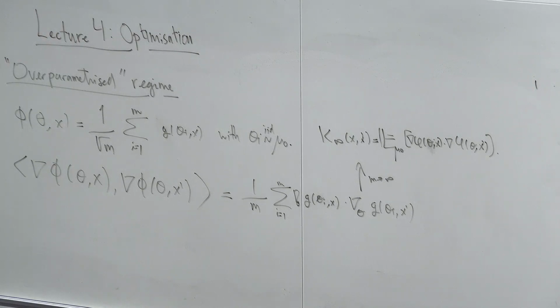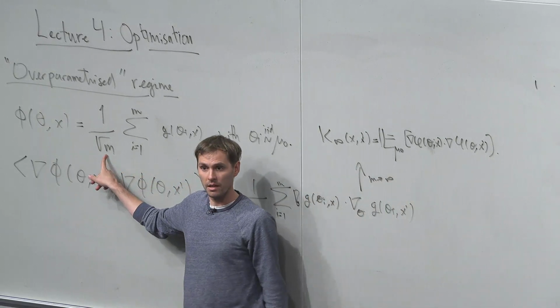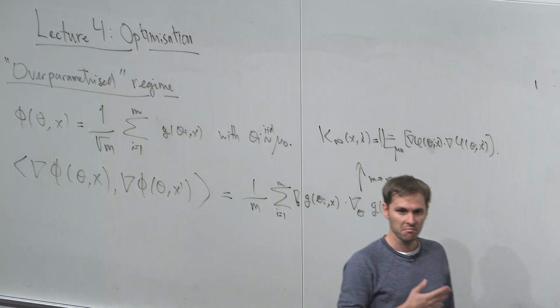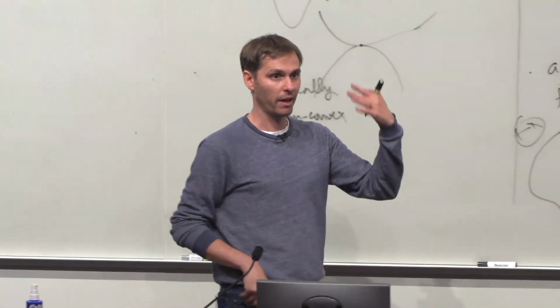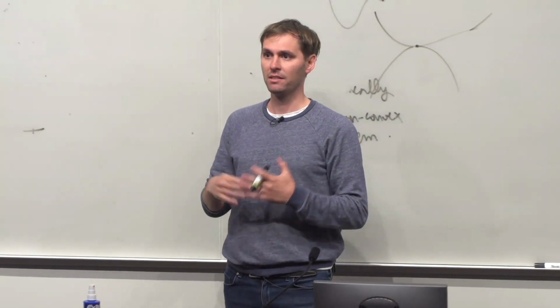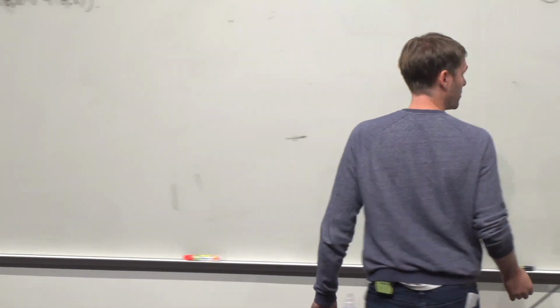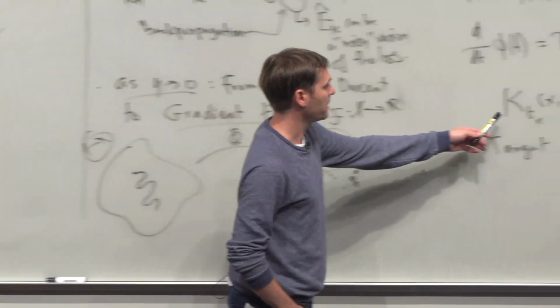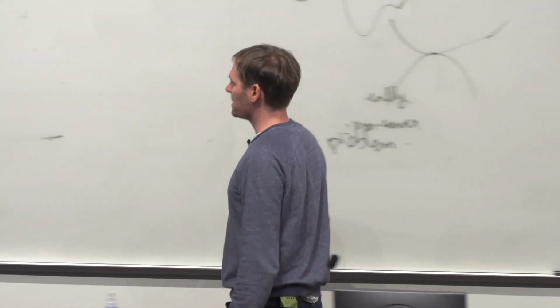So with this scaling, which is a choice, I can add neurons into my layer, and the model converges to at least the kernel. The object that appears here admits a limit as the number of parameters goes to infinity.